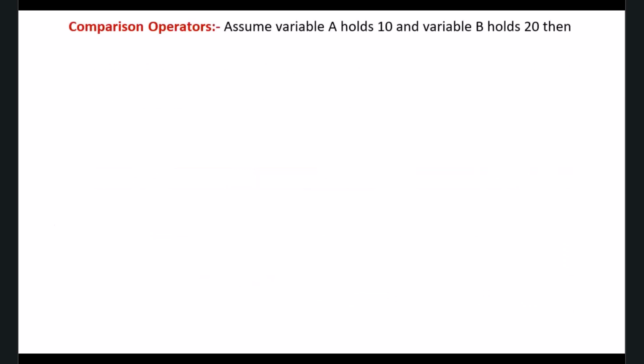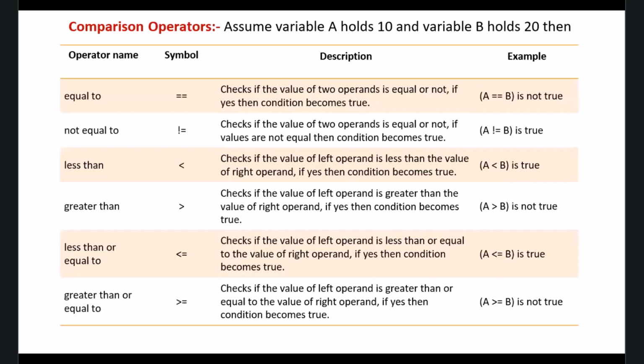Moving further with the next operator, that is the comparison operator. Assume variable A holds 10 and variable B holds 20. Then there are different comparison operators available, like equal to. Earlier we used a single equal to symbol, and that was used for assignment.